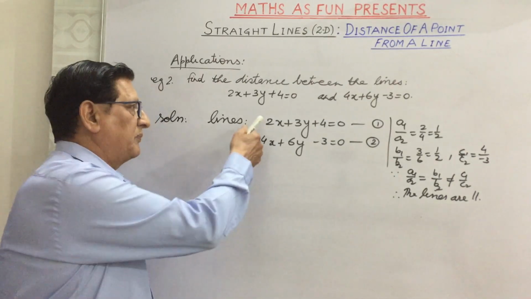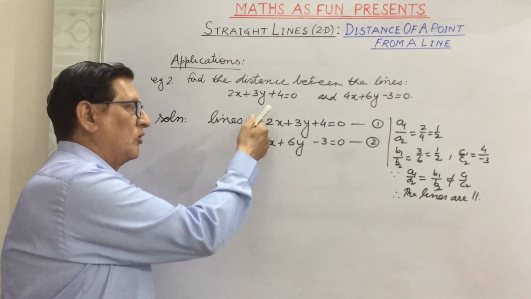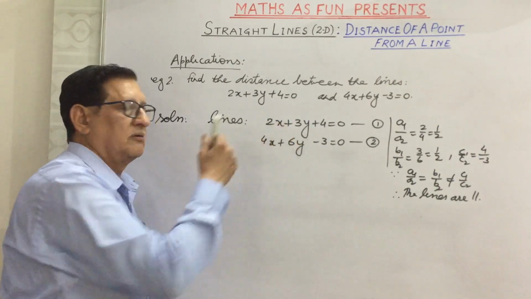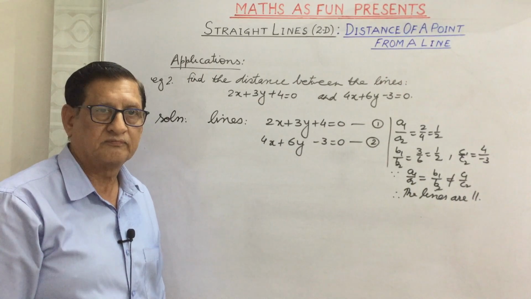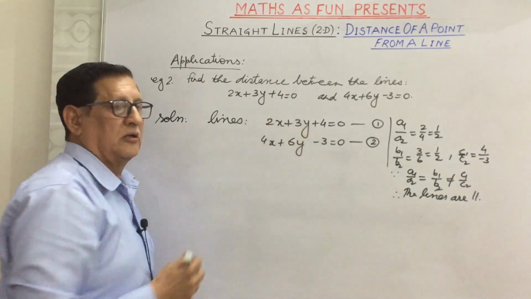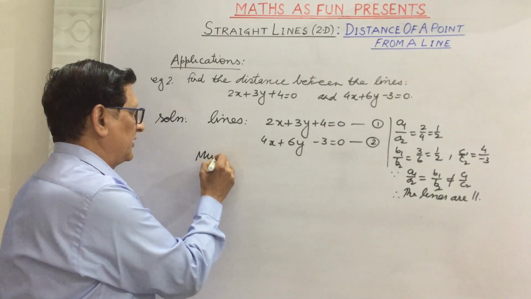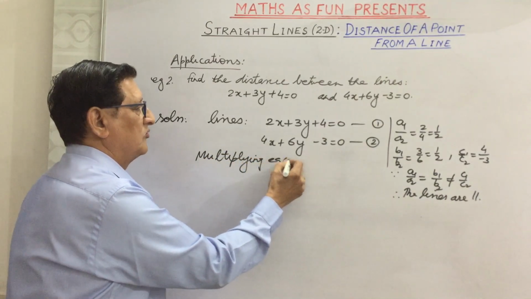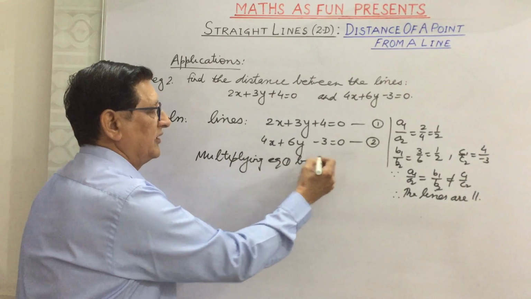So either we multiply this equation by 2 or we divide this equation by 2 so that the coefficients become equal. Suppose we multiply this by 2. Multiplying equation number 1 by 2.